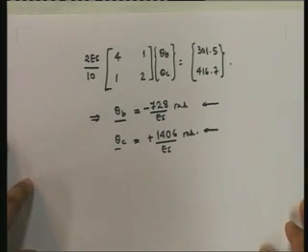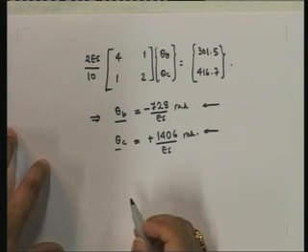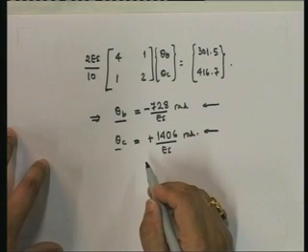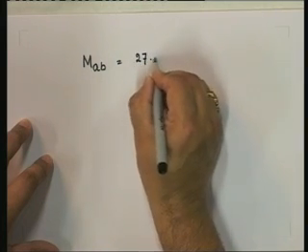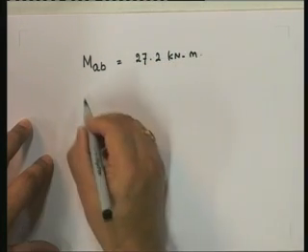What was my interest? My interest was the bending moment diagram. So now when I put θB and θC into the equations that I have here, I get my MAB is equal to 27.2 kilonewton meter.